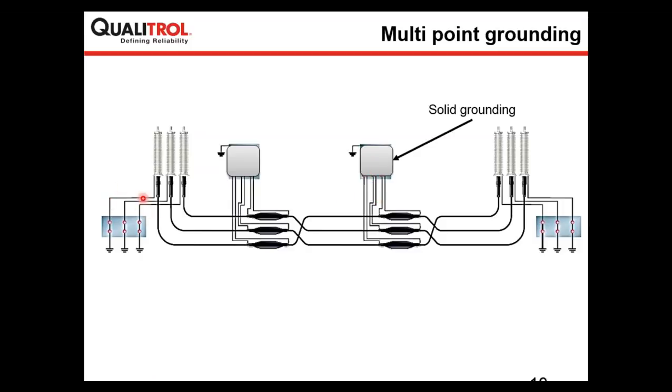So if you are measuring partial discharges here, you will not be able to see any partial discharges traveling from this section towards this and this, because all of the partial discharge generated here will be grounded at this joint position. So whenever we perform online partial discharge measurement, it's very important to know the cable earthing scheme, sometimes called the cable grounding scheme.